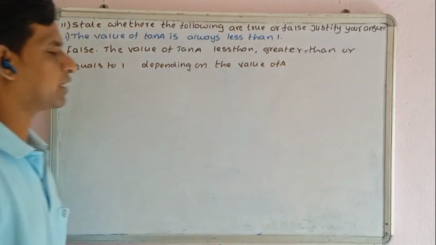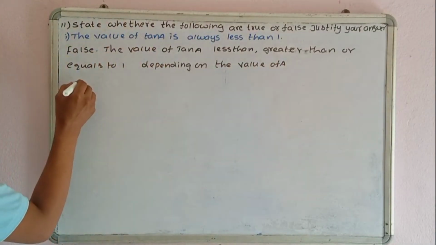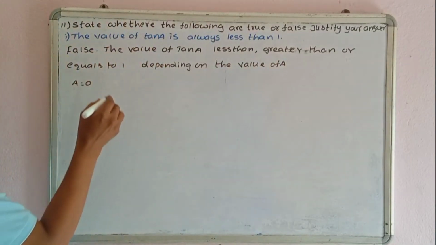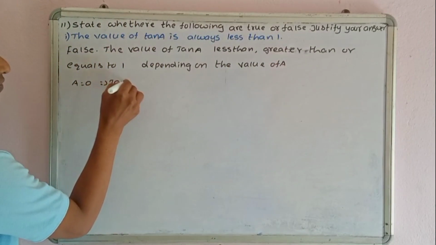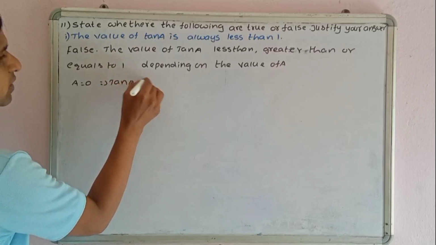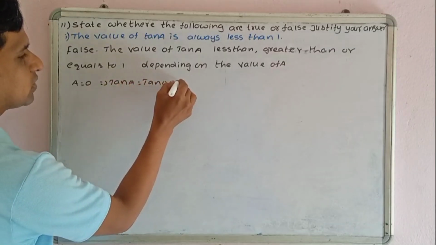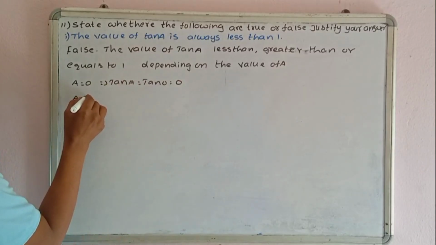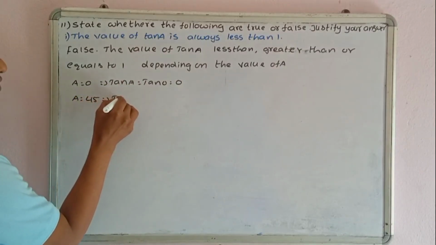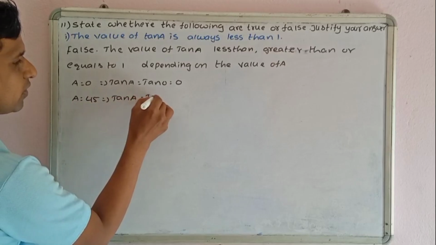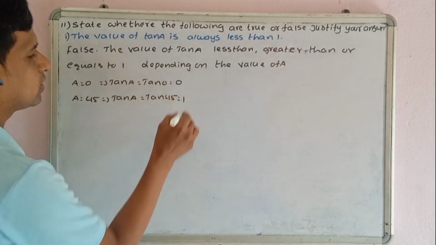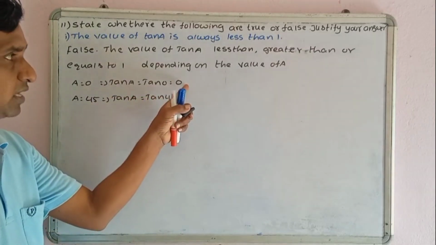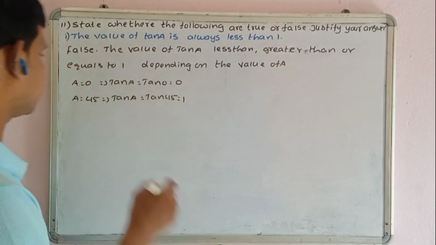For example, if A equals 0, what is the value of tan A? tan 0 is 0. If A equals 45, tan 45 has value 1. So this is less than 1, equal to 1.